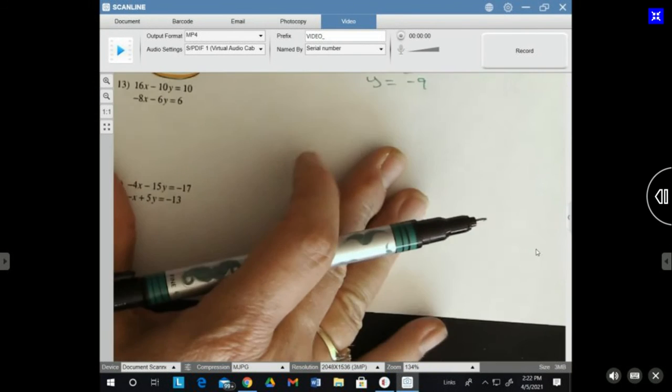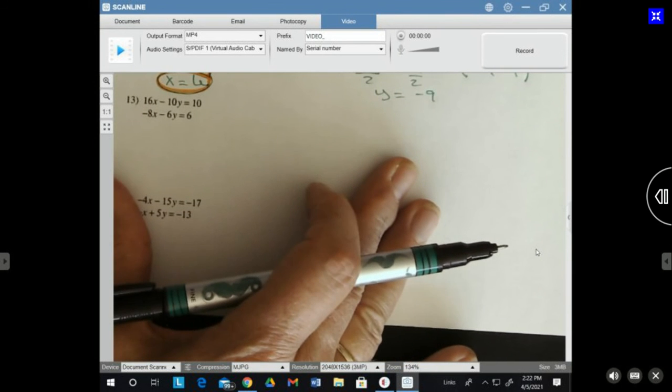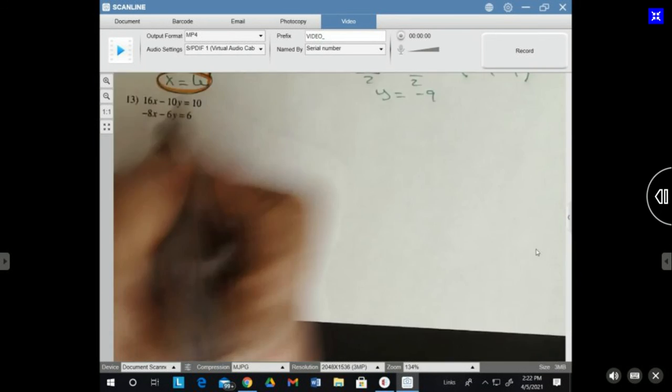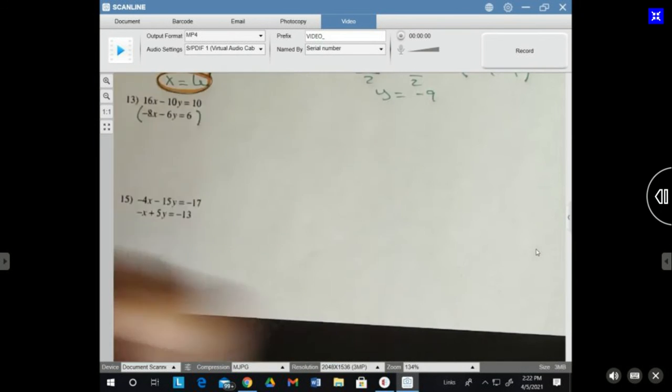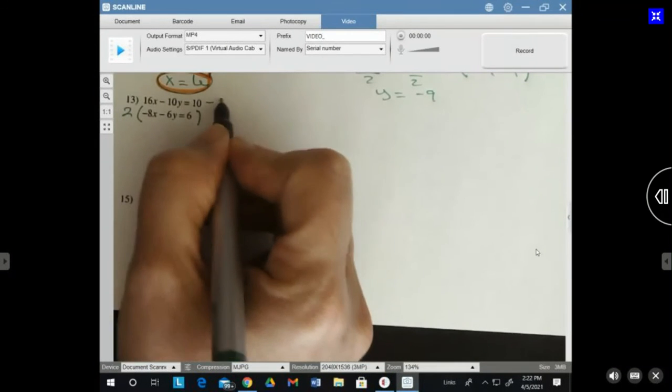Yes, we're going to multiply everybody in that bottom equation by 2. Guys, you're going to multiply one of them by some number so that you make them the same. Every problem's going to be different, so you're going to have to decide which one and by what number. So I'm going to rewrite it.